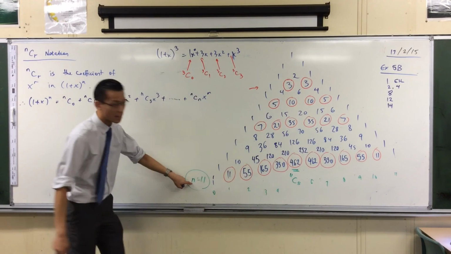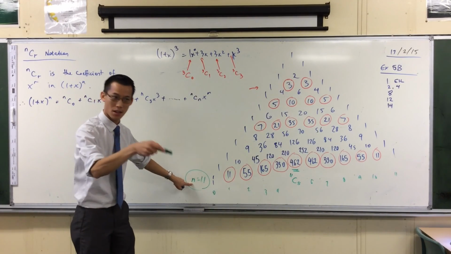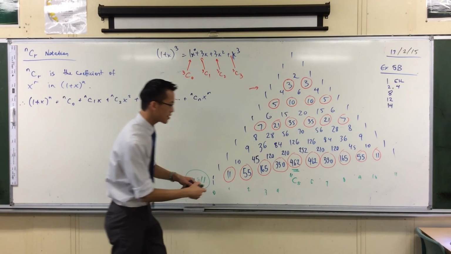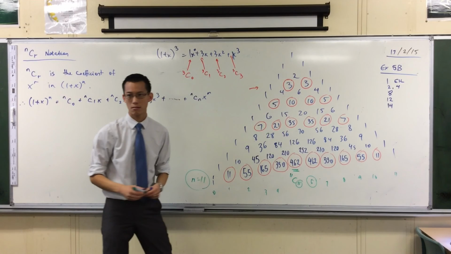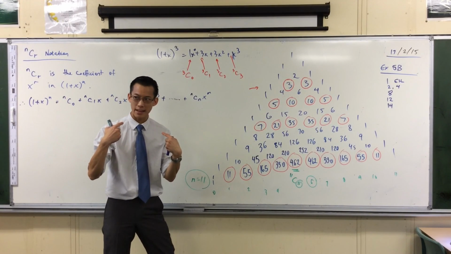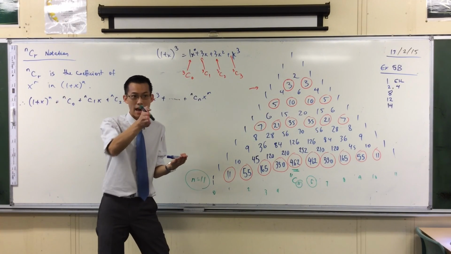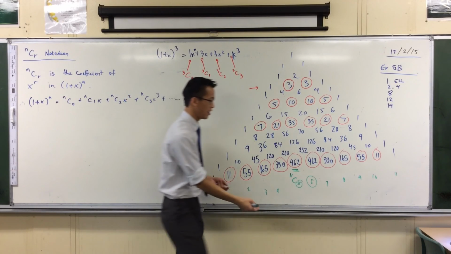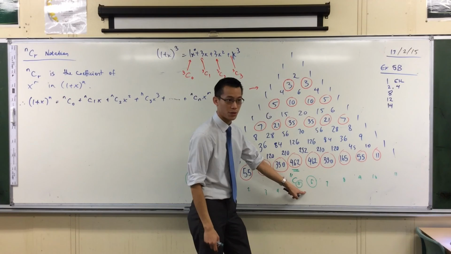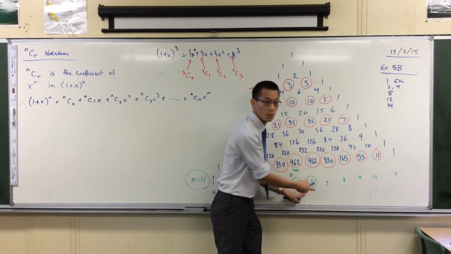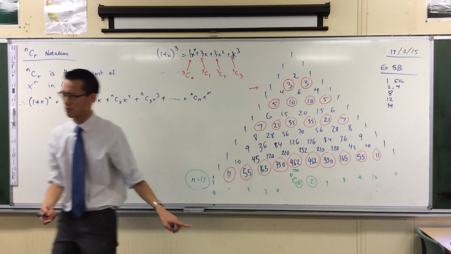So this is the nth row with n plus 1 terms. So in this case, you can see it's going to be terms 5 and 6. The way that I would think about that is the way I get the middle is by bisecting, by dividing by 2. So that would be 11 divided by 2, which is 5.5, which tells me either of these would be fine. Does that make sense? Okay.